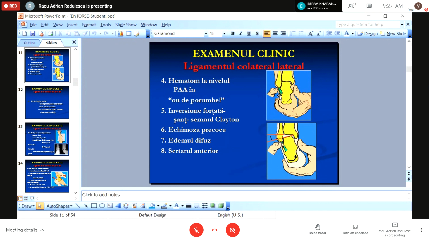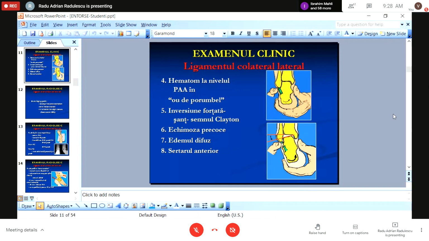So if he knows that anatomy, and we are supposed to know it, and you palpate carefully all the ligament components on the lateral aspect of the ankle, the patient will have a painful reaction at the moment when you press exactly the area where we have the lesion. You can see here with our finger, we can palpate that lesion and the patient will react at the moment when we press it.